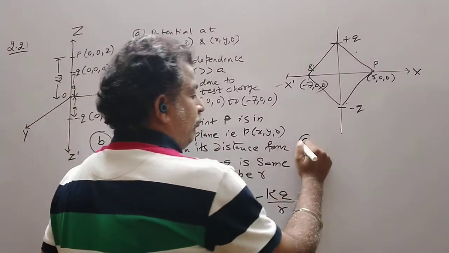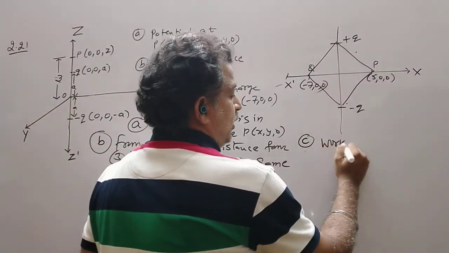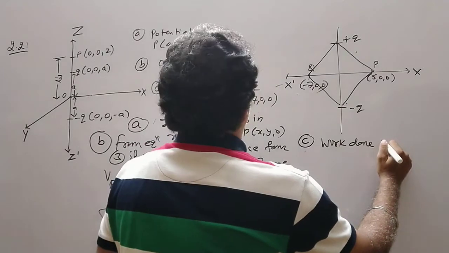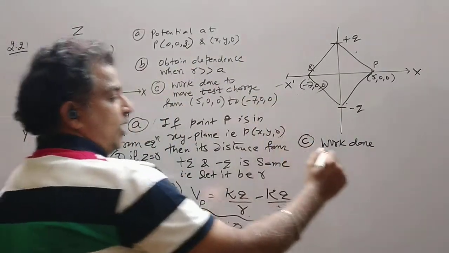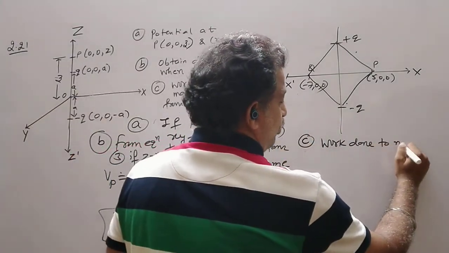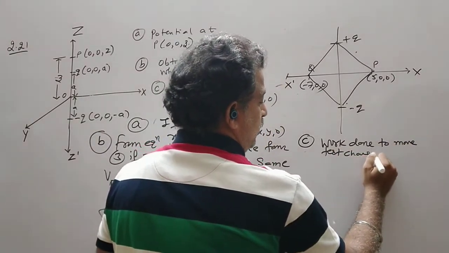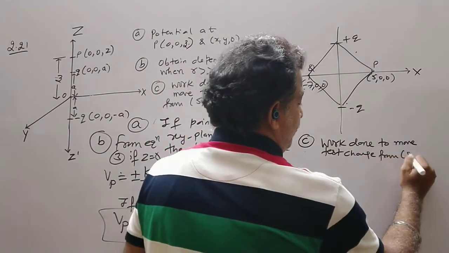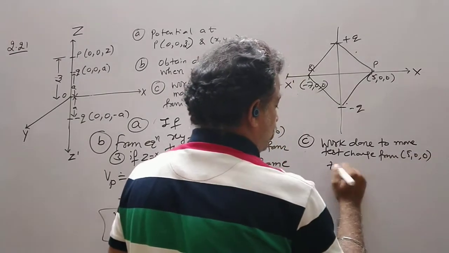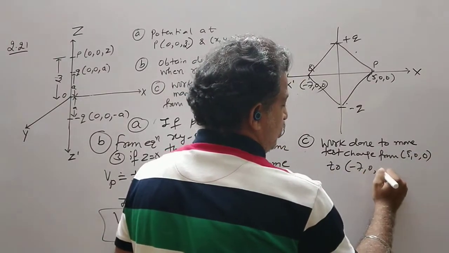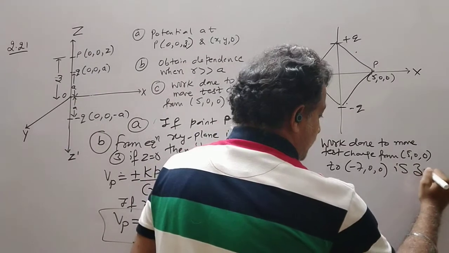So what will be the work done to move the test charge from (5, 0, 0) to (-7, 0, 0)? It is 0.